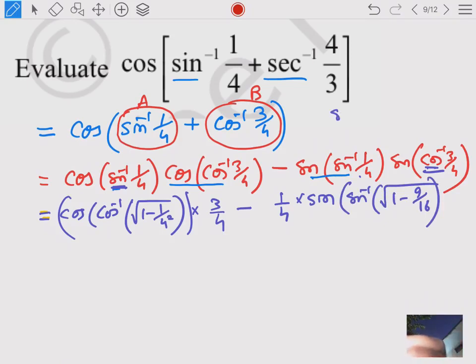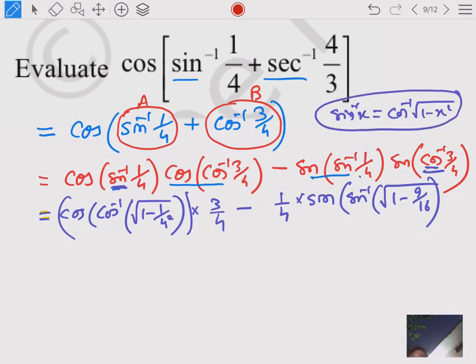Actually, this identity we also have to write, but you can solve it easily. Sine inverse x can be written as cos inverse square root of 1 minus x squared, by the triangle method also. Now the cos inverse will be solved, the sine inverse will be solved, and the remaining value will be simplified.